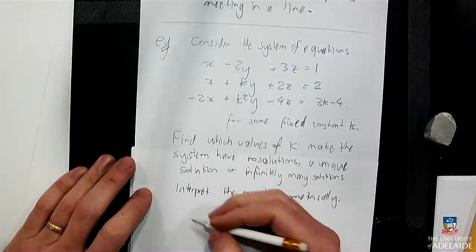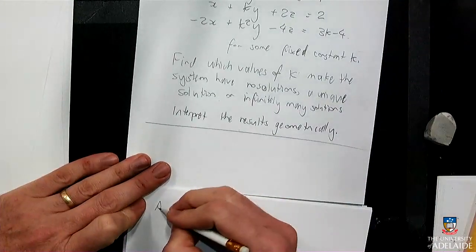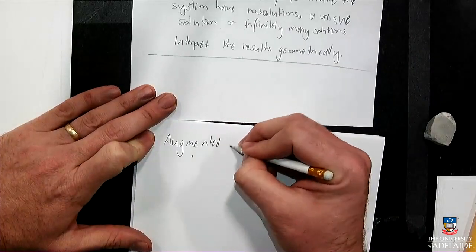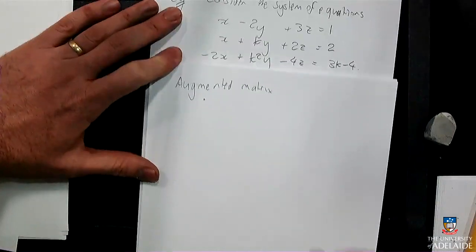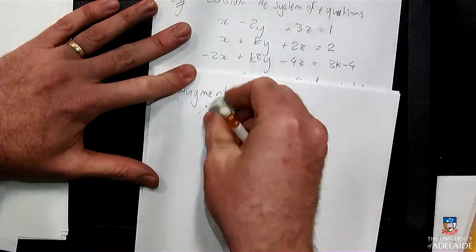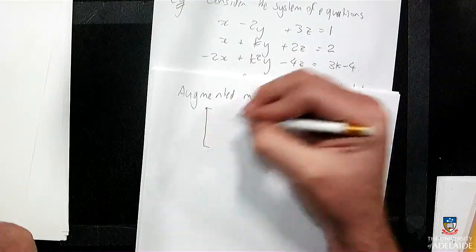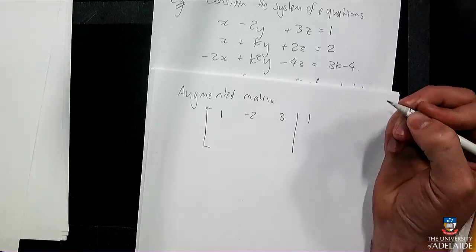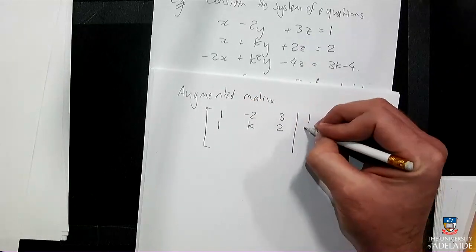Okay, so we're going to create the augmented matrix. We have 1x and minus 2y's and 3z's is 1. We have 1x and ky's and 2z's is 2.